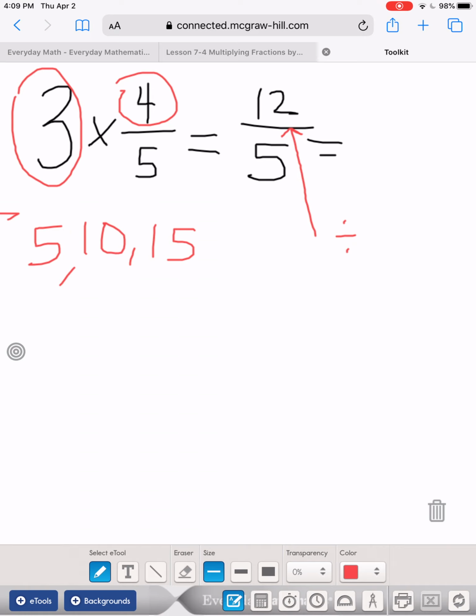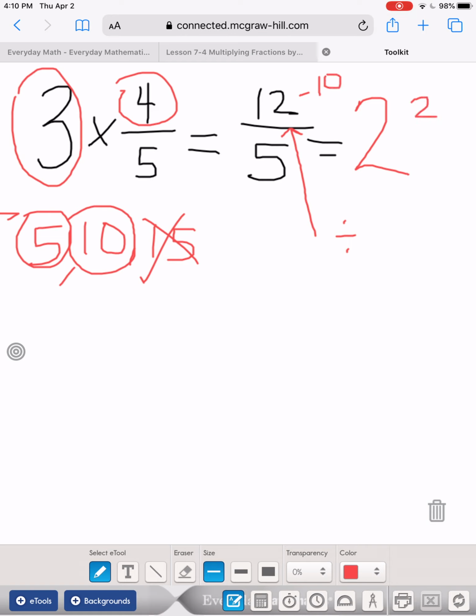So I have 1, 2 groups, okay? Because 2 groups of 5 is 10. So that means I can make 2 wholes. Now, since 2 groups of 5 is 10, I can subtract 10 from the 12, and I have 2/5 left over. So 12/5 renamed is 2 2/5.